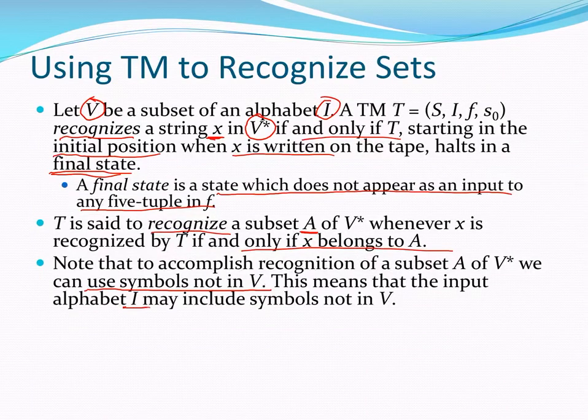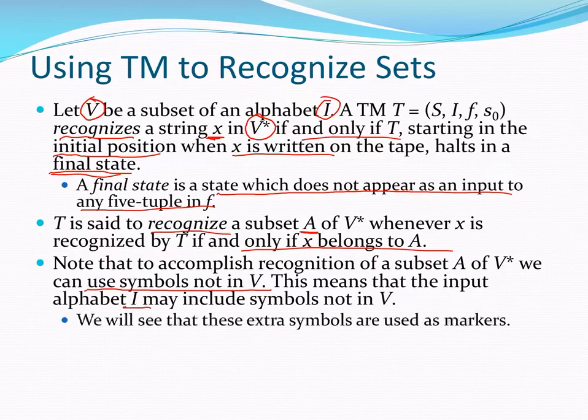I can have more symbols than V. And we will notice that these are extra symbols that are used as markers to make sure we're reading the string properly, whether it is up to recognition or non-recognition if it shouldn't be recognized.